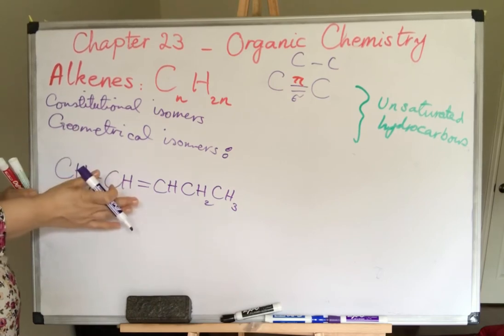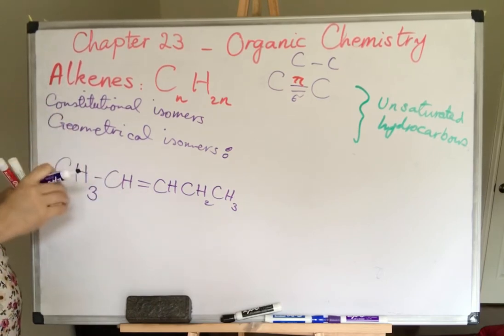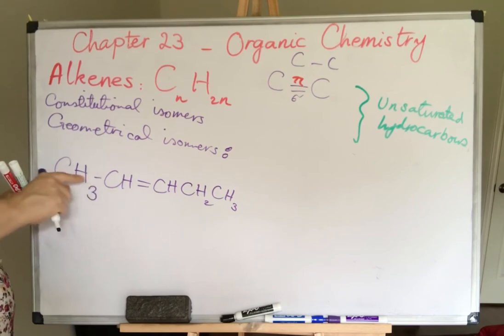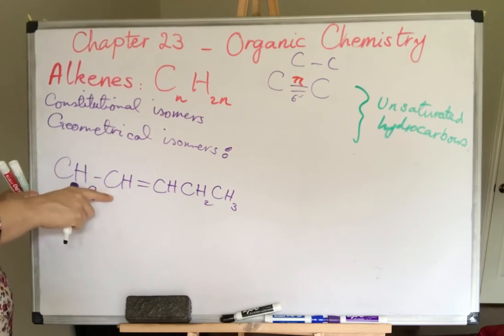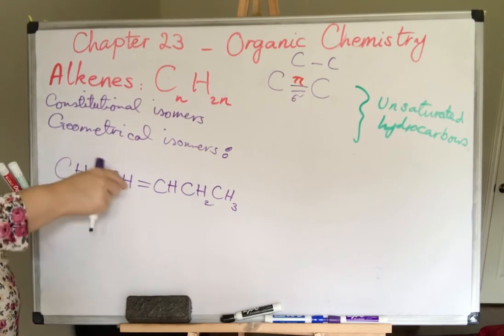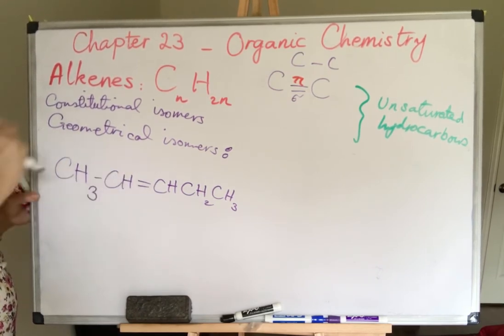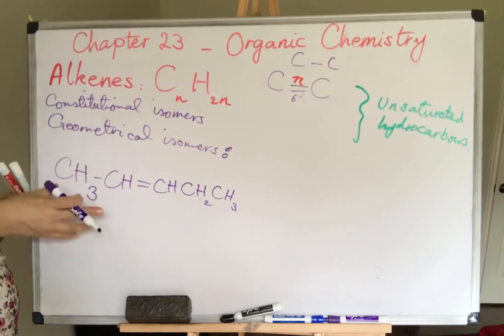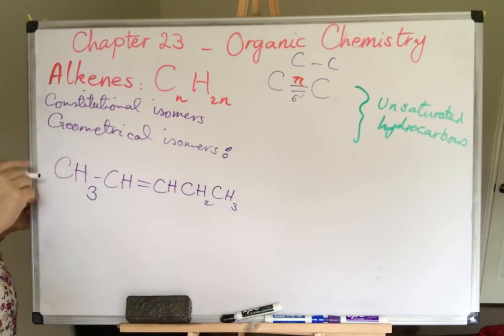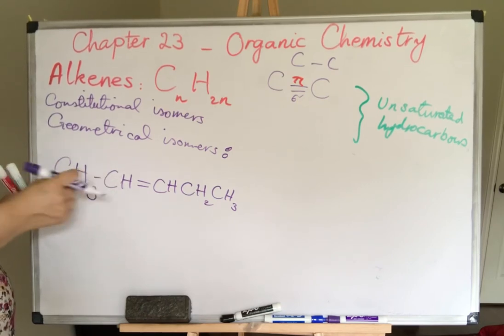Again, each carbon must have 4 bonds, must have 8 electrons, a complete octet. So when we have a CH and we don't have the complete octet, you see 1 and 2 more with a double bond.